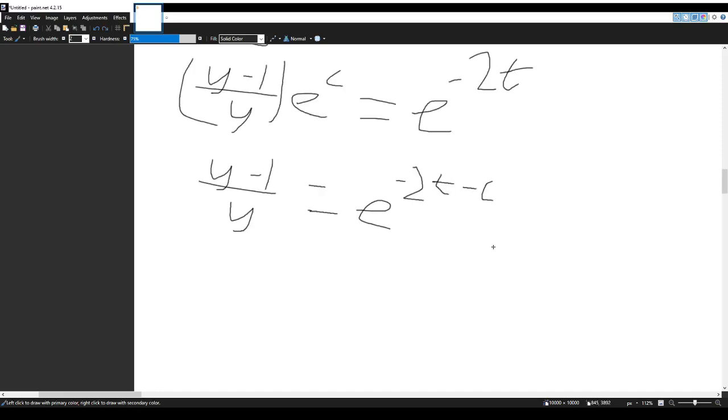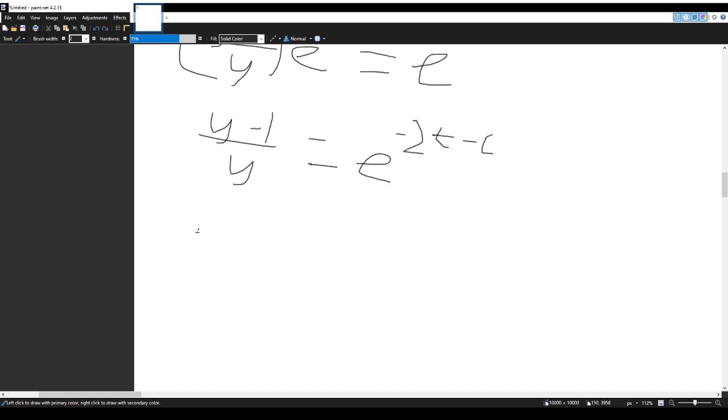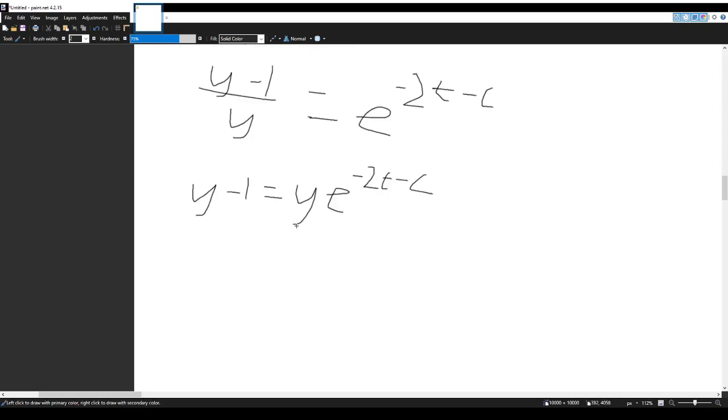So I'm going to do that. And so multiply by y on both sides: y minus 1 equals y e to the negative 2t minus c, and then get the y terms by themselves on one side.